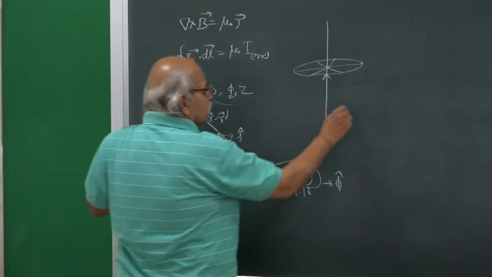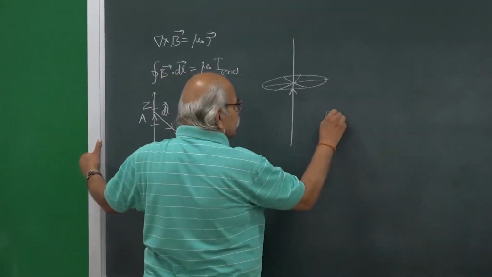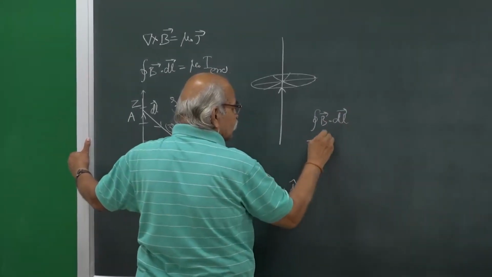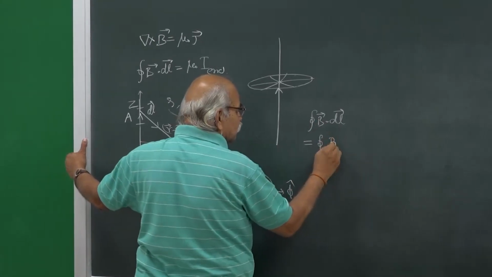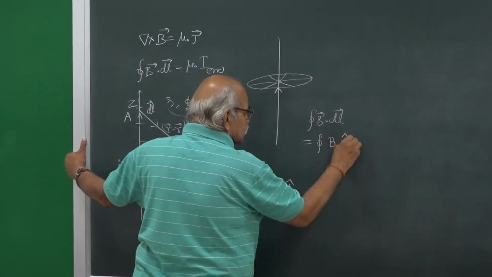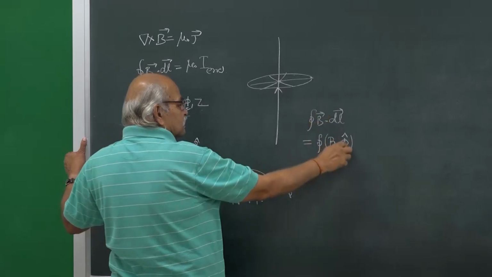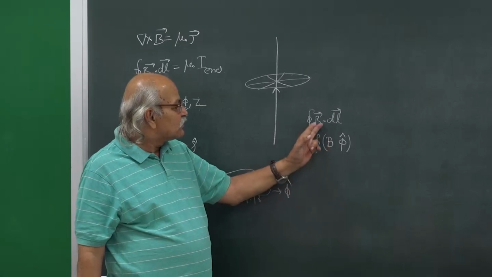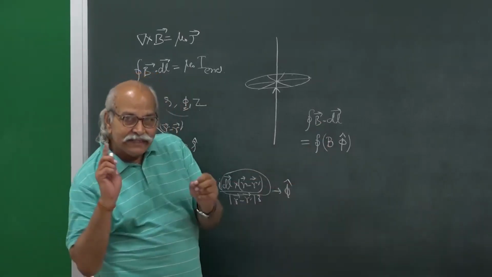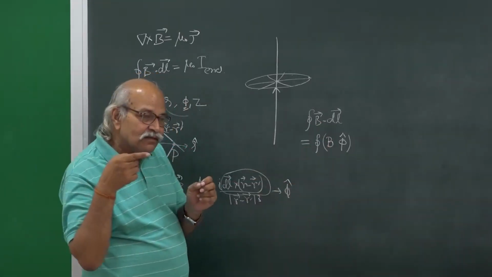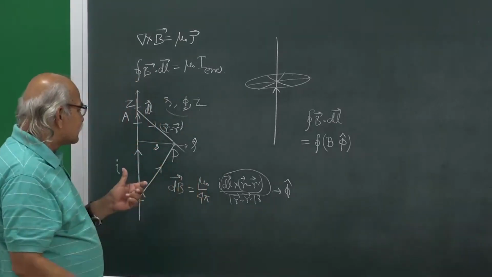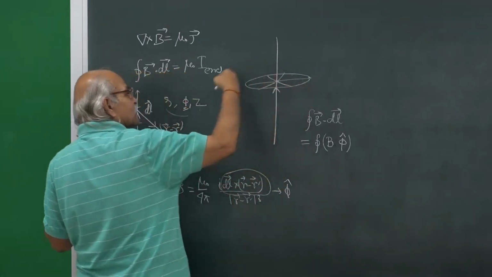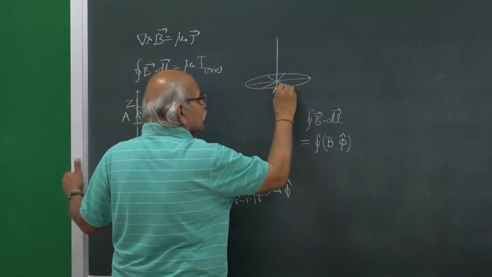So we can write this integration of B dot dl. The B vector is the magnitude B times the unit vector phi cap. The dl vectors are also in the same phi cap direction: if you are here, it goes like this, and if you are here, it goes like this.